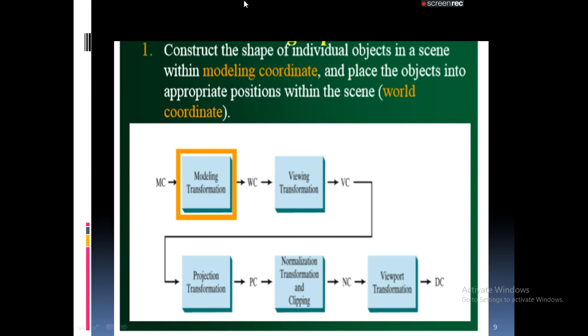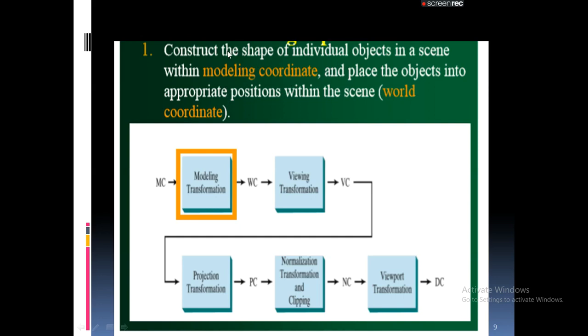First, we need to perform modeling. That is, the first step is to construct the shape of the individual objects in a scene within the modeling coordinates. We already learned how to perform modeling.